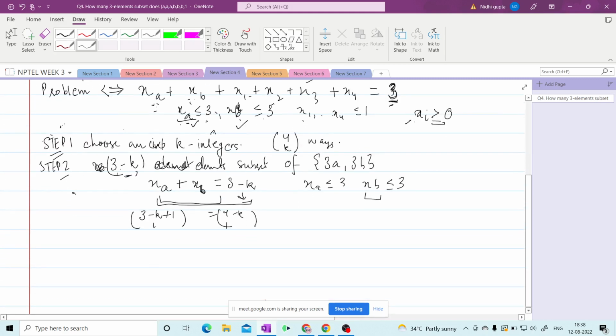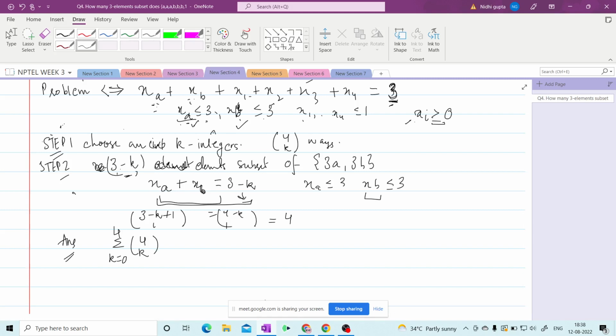So our answer here becomes the sum over k going from 0 to 4 of 4 choose k times 4 minus k choose 1, which is just 4 minus k. We can further write this as the sum over k of 4 choose 4 minus k times 4 minus k.